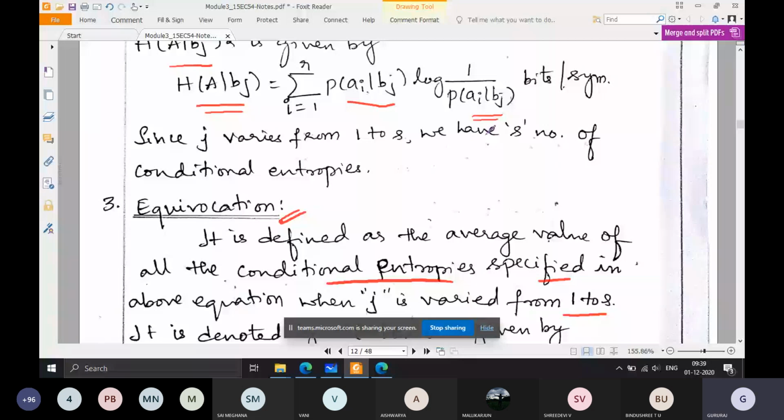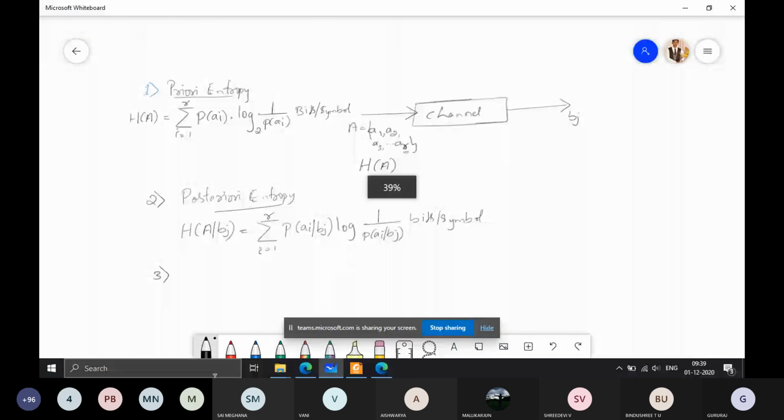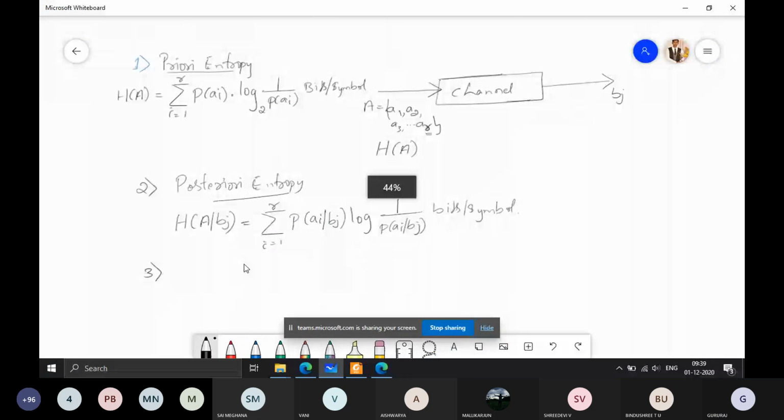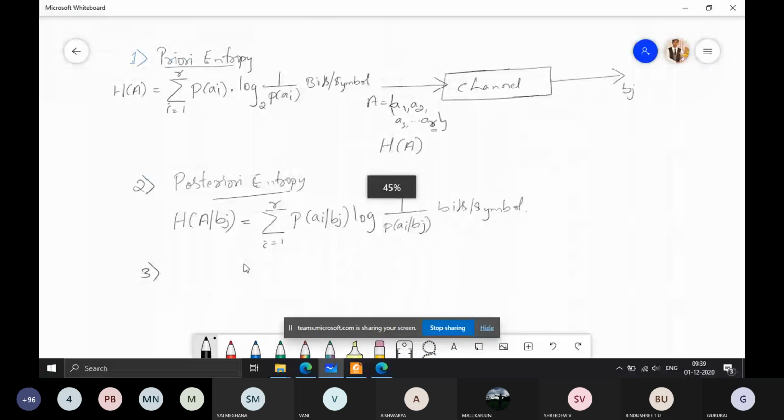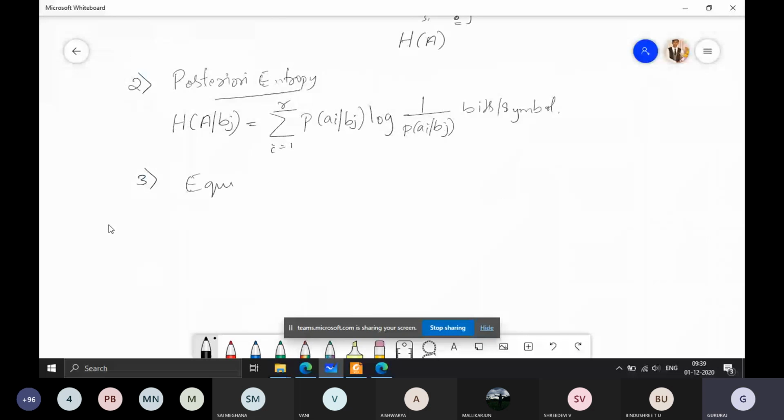This is the third type of entropy, equivocation. This equivocation is denoted as capital H of A by B. So here is the notation: posteriori entropy is H of A by Bj, because you are considering only one output symbol, that is why it is specified as Bj.